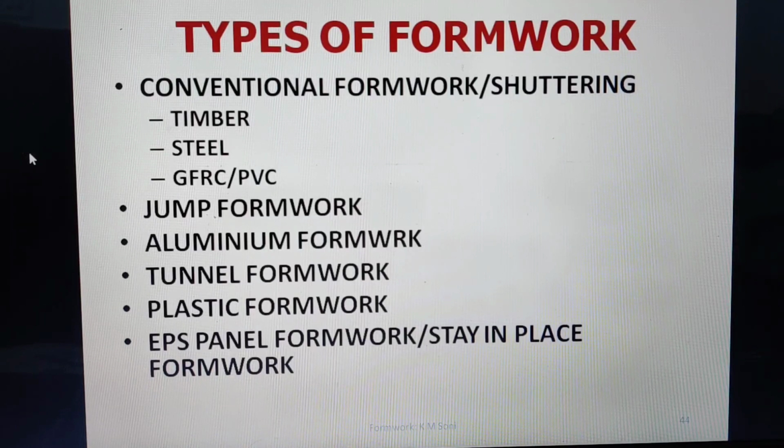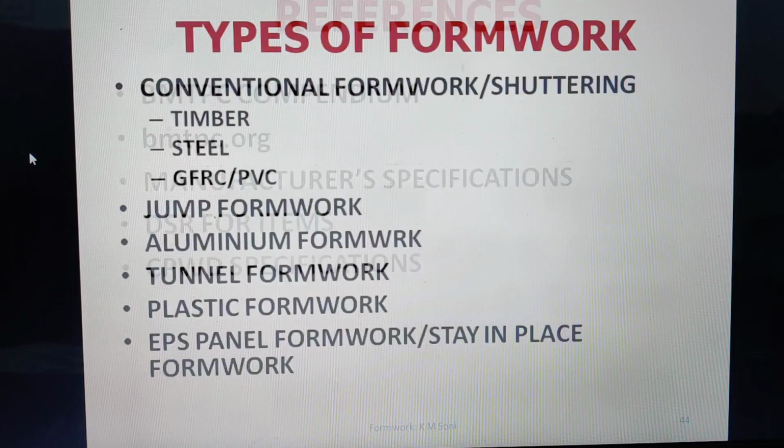And there are a large number of EPC panels or other panels made of different materials. So they are also stay-in-place formwork, what we call it. So those types of formwork are available. That we'll talk about separately. But so far what we have talked about is conventional formwork or conventional shuttering.